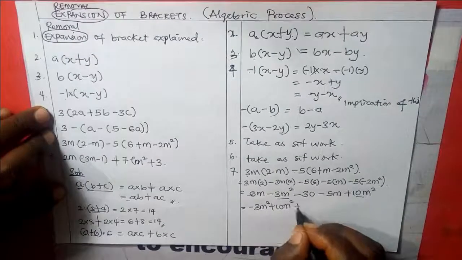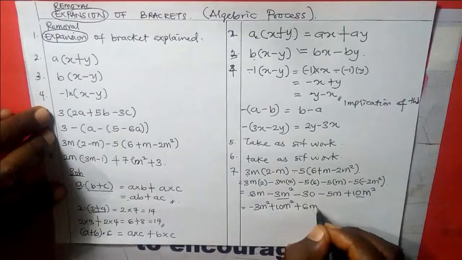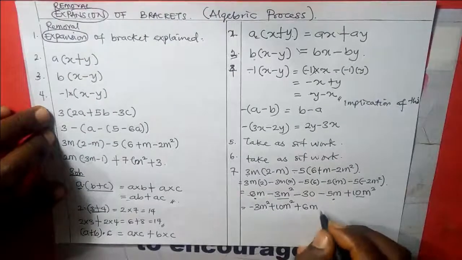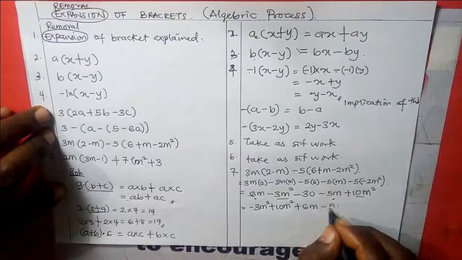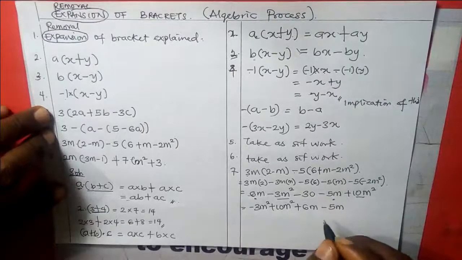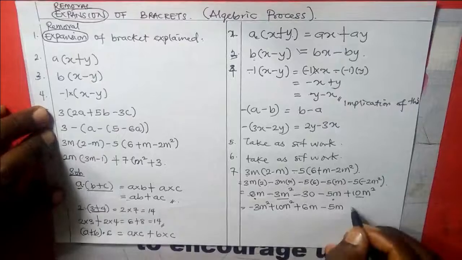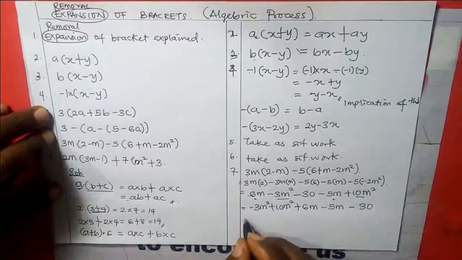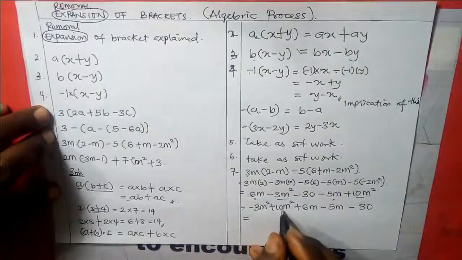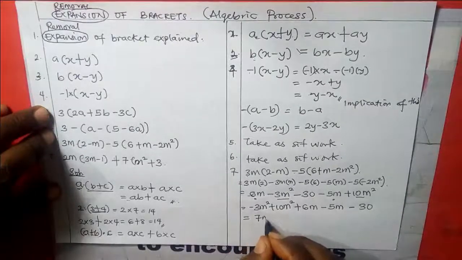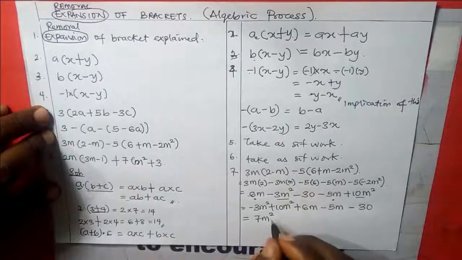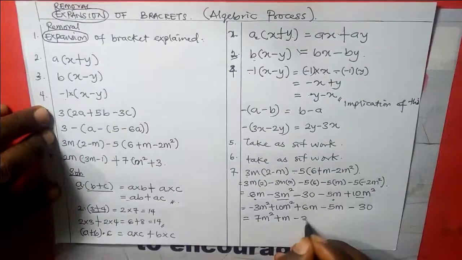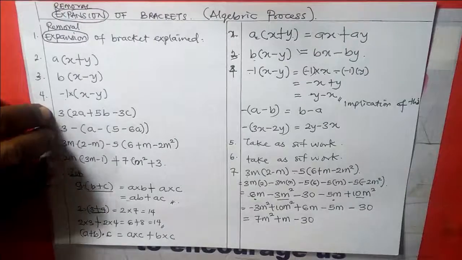Here I have plus 6m. This one and this one are like terms, minus 5m. And this is the only constant that we have here, minus 30. So this and this will give me 7m square plus m minus 30. So that is what our answer is.